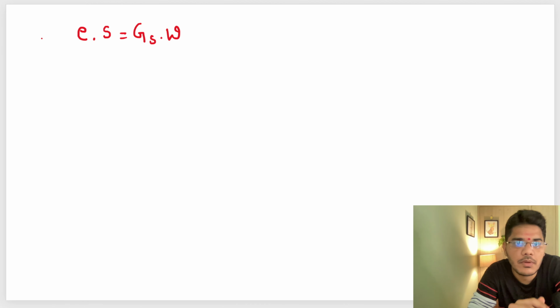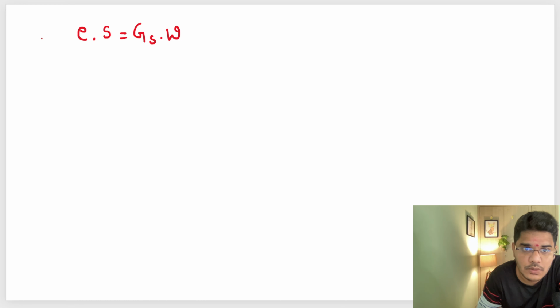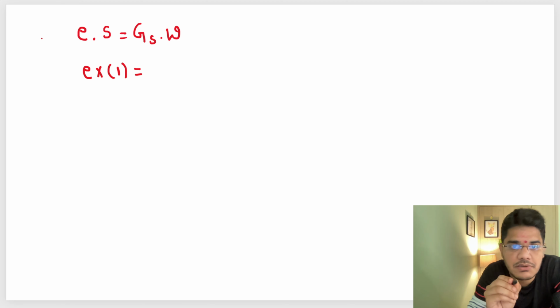For E, we have the formula E into S is equal to GS into W. We can simply remember it by using Sehwag. E into S is equal to GS into W. So E we have to find out. S, how much can we take? S is equal to 1 because he has clearly mentioned that it is a saturated soil.